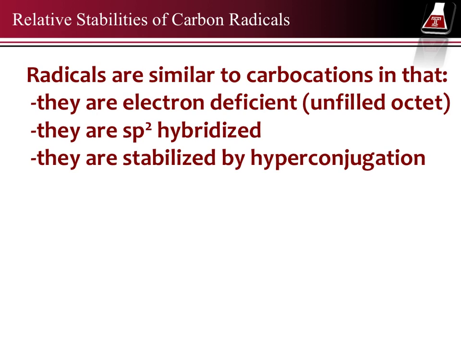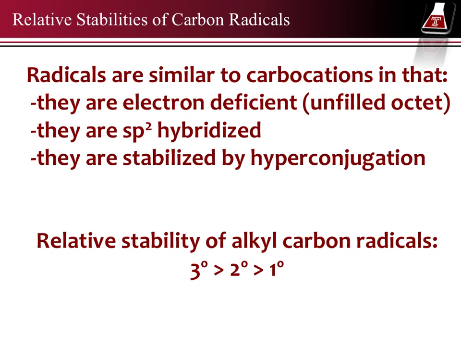So again, more substitution means more stable for both radicals and carbocations. The relative stability of carbon radicals, as we've already talked about, is exactly like carbocations. Tertiary radicals are more stable than secondary, more stable than primary.